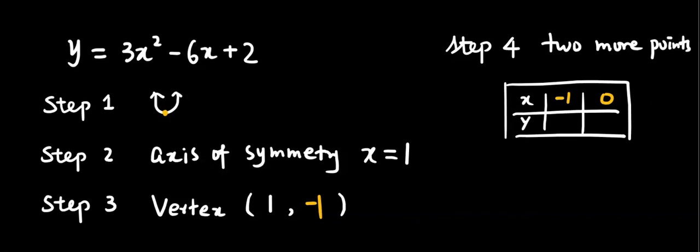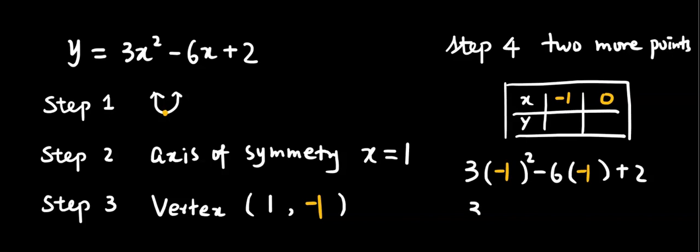Now, let's plug in. When x is negative 1, what do we have for the y coordinate? So this is what we do. We're going to plug in x is negative 1. And don't forget, here's a square. And next we're going to do the same thing when x is 0. And here's a square. And plug it in. All right, a little bit of calculation here, and this gives us 11.